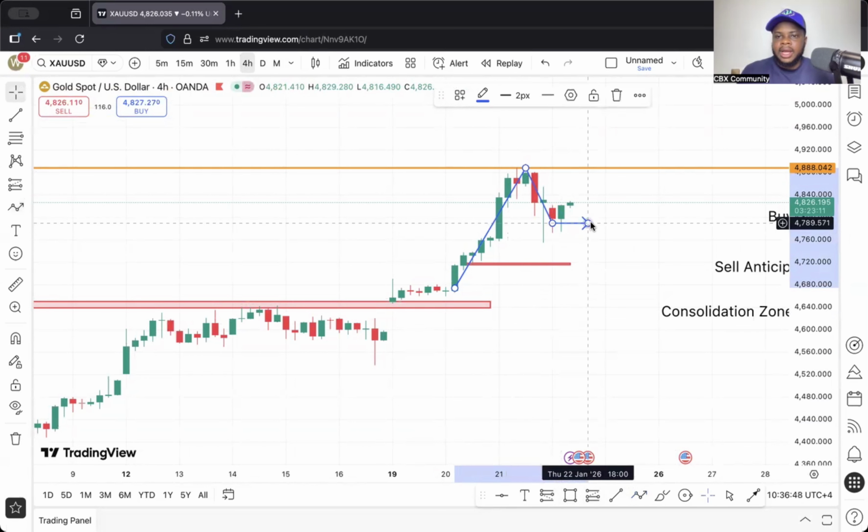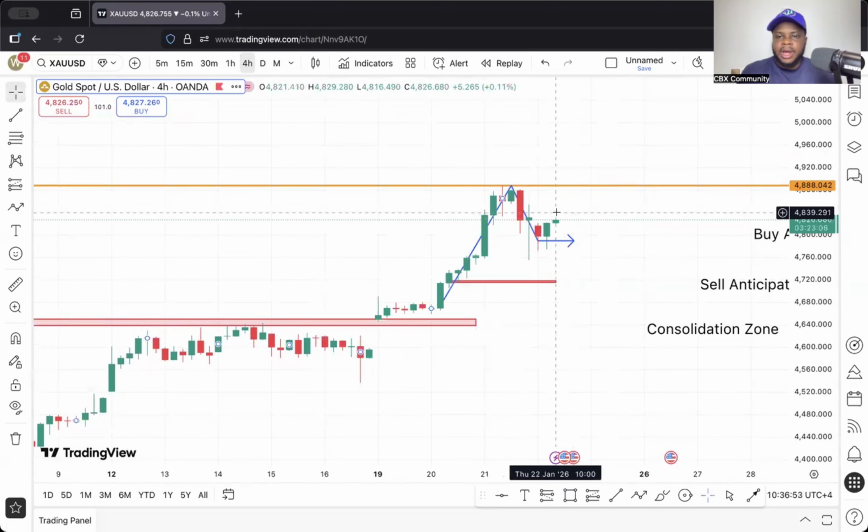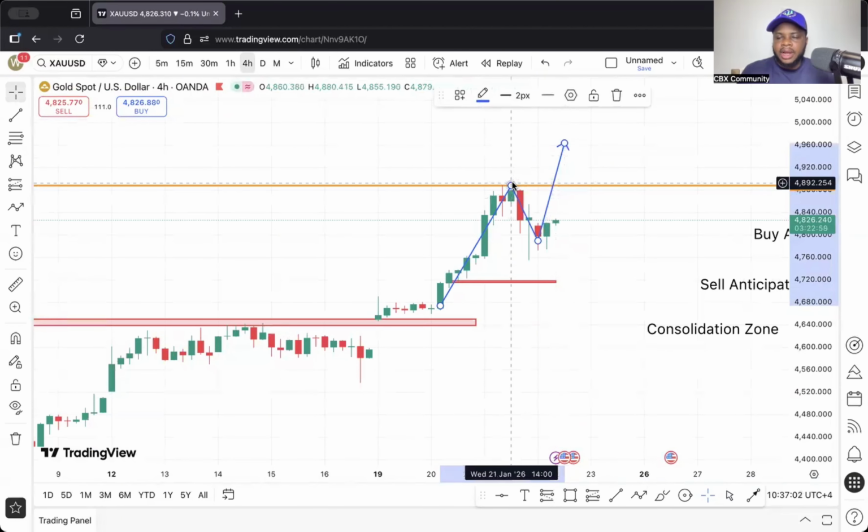The only reason why the formation of this 4 hours market structure will be in an uptrend is when this candle breaks this all-time high over here.